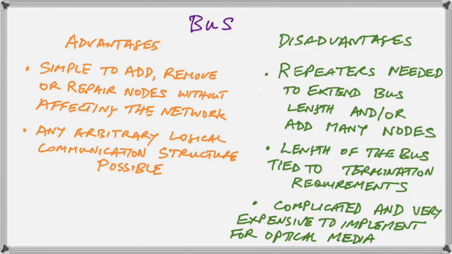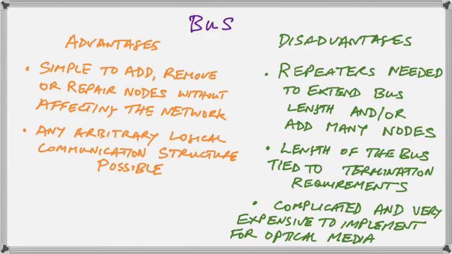Now, what about the disadvantages? Well, we need repeaters to extend the bus length. And the bus length is tied directly to the termination requirements. So there's a relationship there between the length of the bus and the termination type that needs to be used to avoid reflections on the bus.